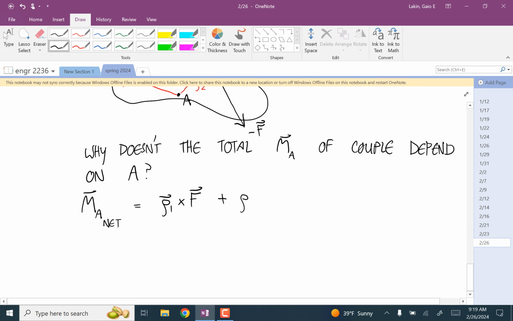So that's plus rho 2 crossed with negative F. And now let's use the definitions of these rhos. So rho 1 is P1 minus A. And rho 2 is P2 minus A.